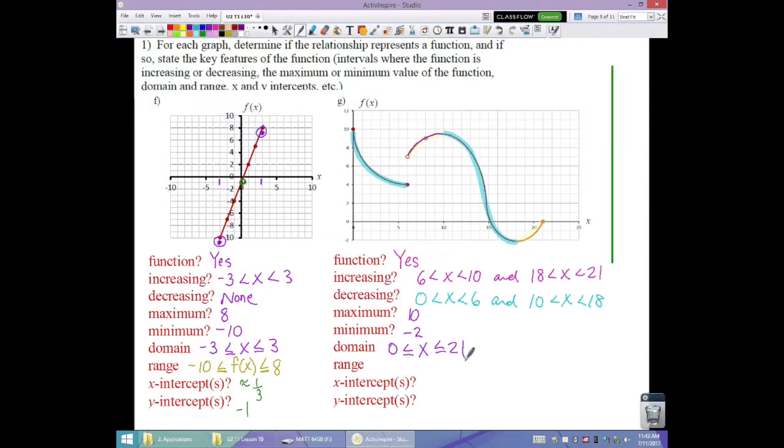Our range might be even more confusing with that jump, but where there's a hole in here, those values are covered somewhere else in the graph. They are used.